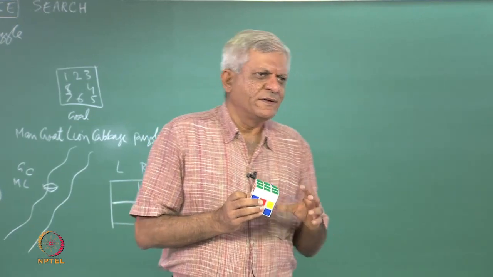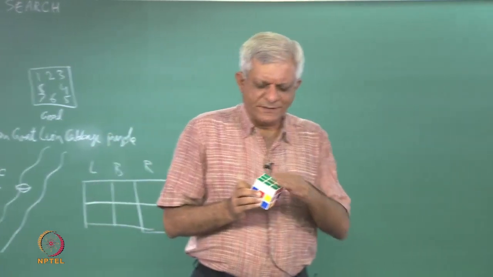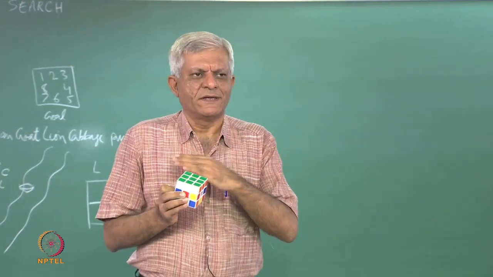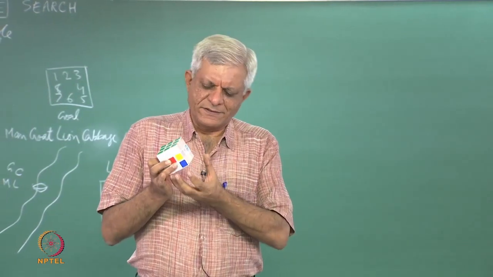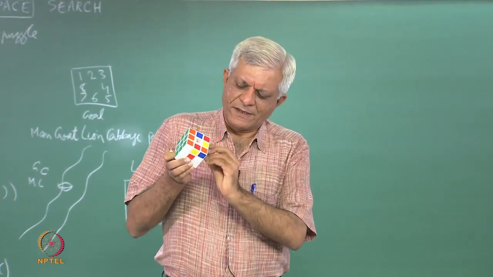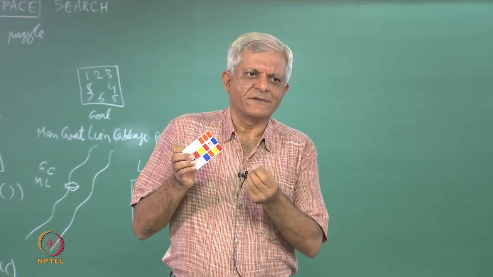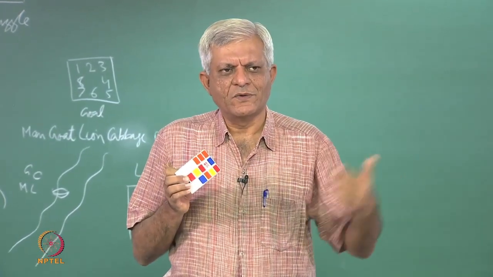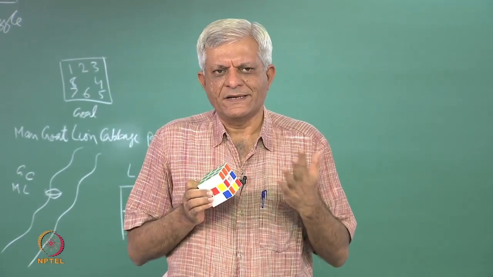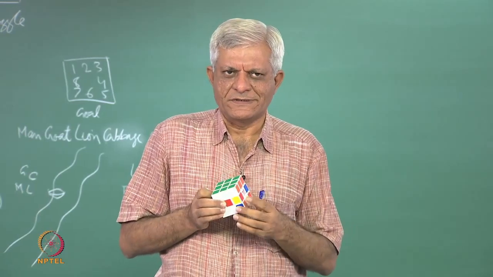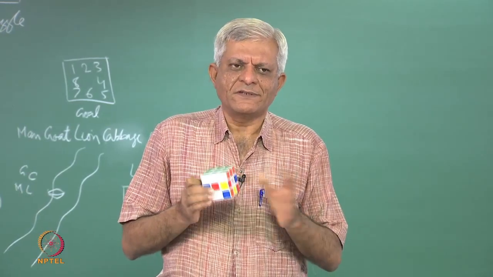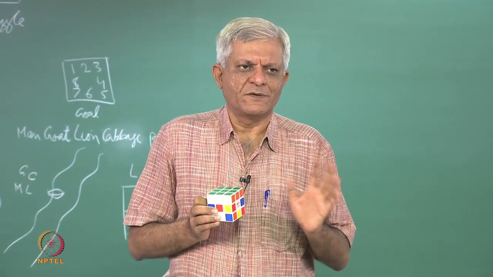If you follow the method that somebody has taught you, which says take the top layer first, then make the second layer, then get the bottom corners or get the bottom square and then get the orientation. So, these kind of macro moves, they will not necessarily give you the shortest solution essentially. So, they will solve the problem, but they will not give you the optimal solution.